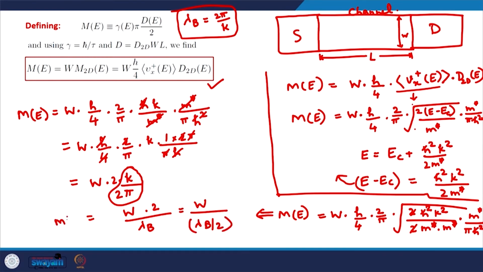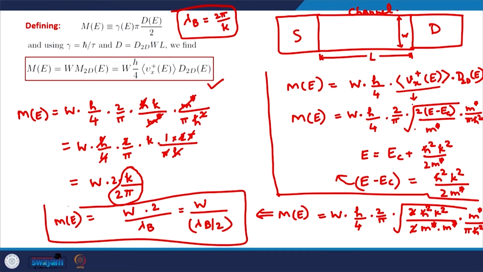So this is actually the number of modes in a 2D device, in a two-dimensional device. Number of modes in a two-dimensional device is actually width divided by the half de Broglie wavelength of the electrons. And now this is an interesting result.